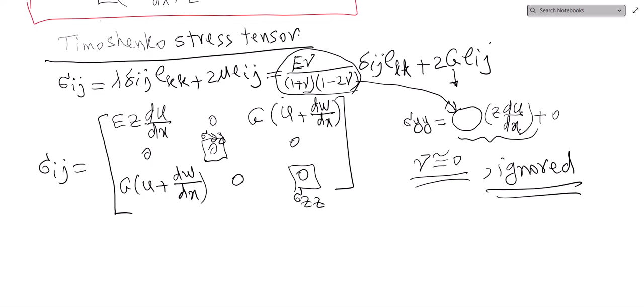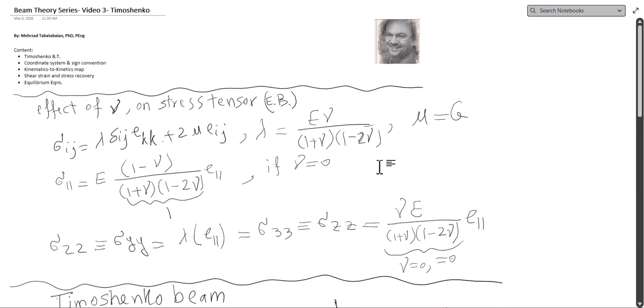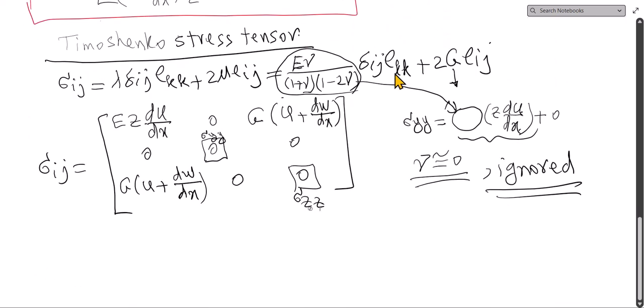This is very similar to what we had for the addition that I had for the Euler-Bernoulli. This is coming from the volumetric strain element ekk, which could be negligible, and then we take it from there. So this is for this treatment, and then we get it as here.